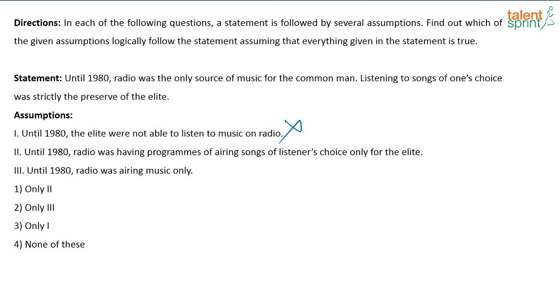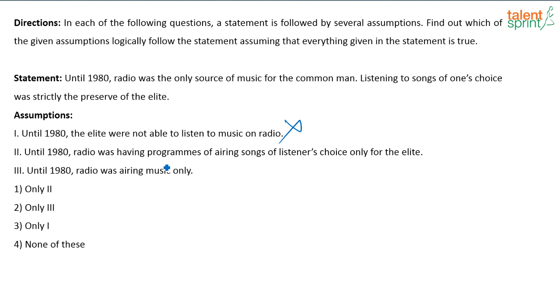That doesn't mean the radio was airing programs of listeners' choice only for the elite. Only if something like that is mentioned in the statement does this assumption become correct, right?